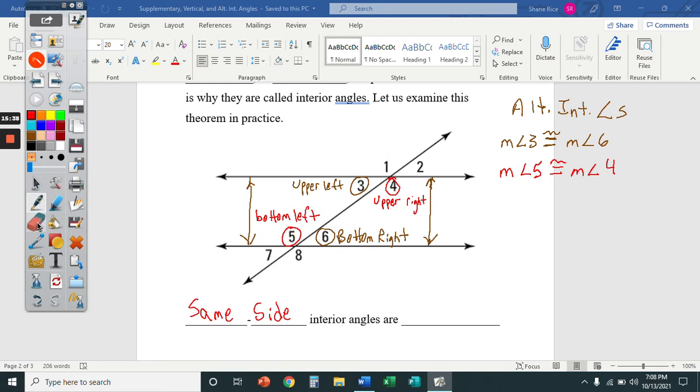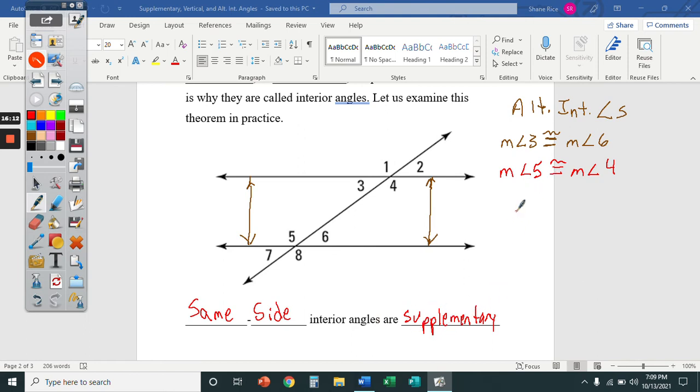So now we're looking at a different relationship, we're still looking at the ones on the inside. You have to follow along in your notes because it cut off here, but these angles are supplementary angles. And I think the next blank is for angles, but we'll scroll down in a minute.